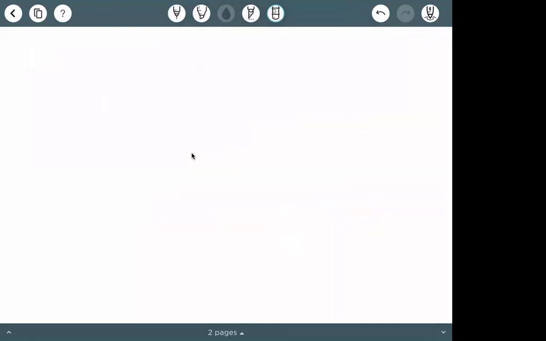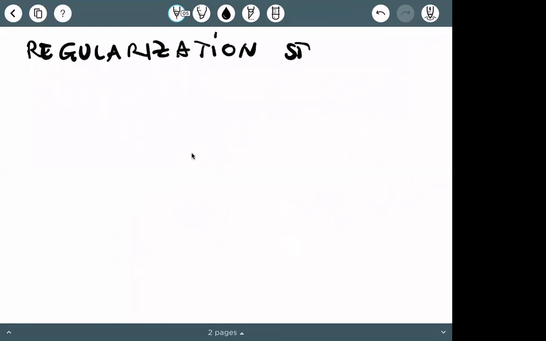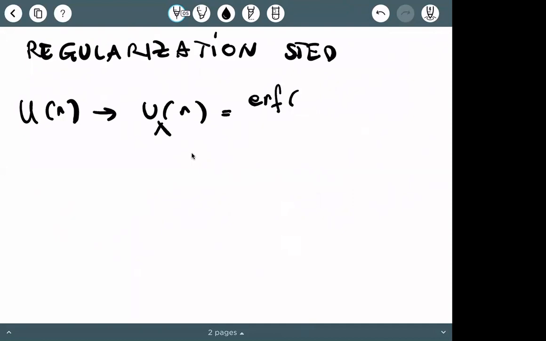So summarizing everything, the regularization step says my potential will go into a new potential, which has a cutoff, which will be likely, now there could be some 4 pi floating around.